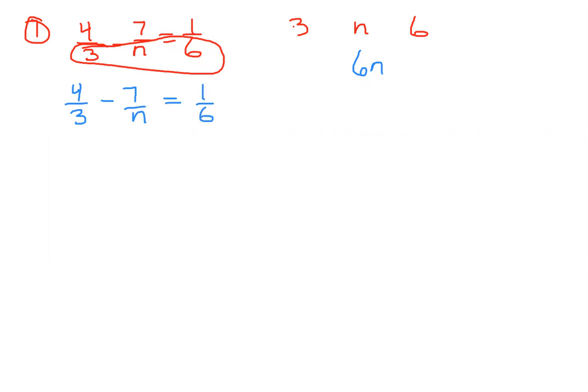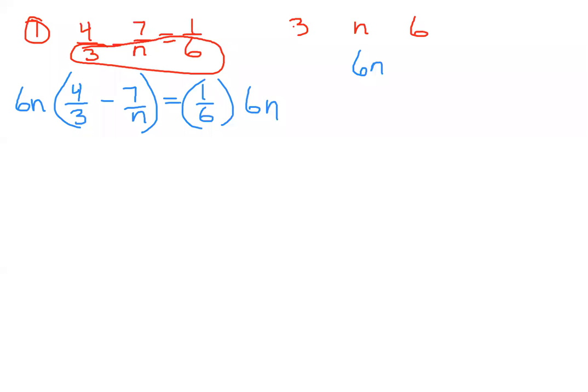If you look back at the beginning, it says multiply each side of the equation by the least common denominator. So we're going to multiply this side by 6n and this side by 6n, and see what we get.